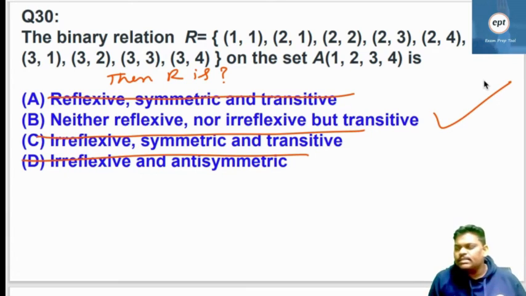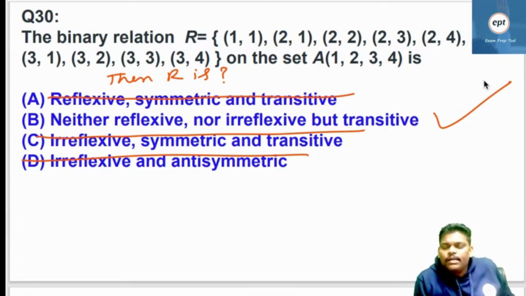See, some are easy, some are tough. By seeing one problem, you need not be discouraged. If anything is not okay, revise again.